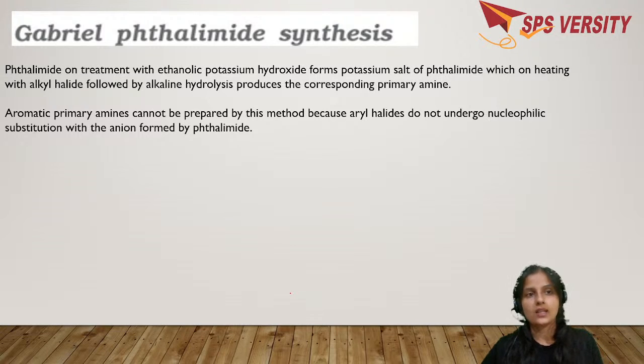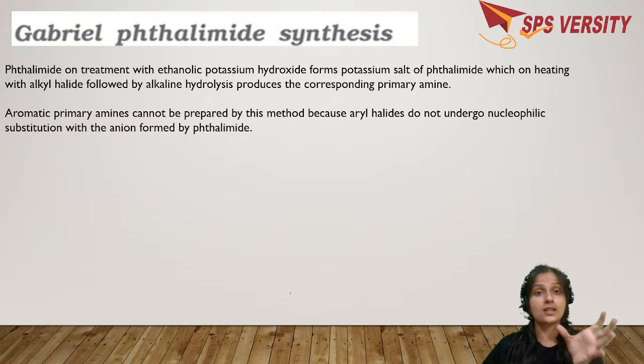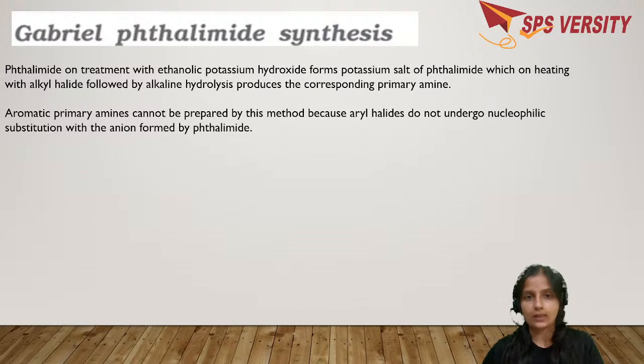Then we have the next method that's called the Gabriel Phthalimide synthesis. Gabriel was the scientist who used this method for the preparation of primary amines. It's called Gabriel Phthalimide synthesis because the starting material is phthalimide. So how do you get phthalimide? I'm just writing, just for your understanding.